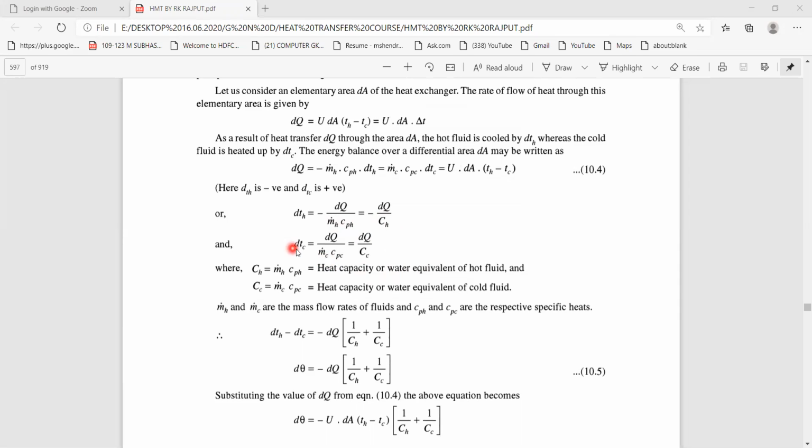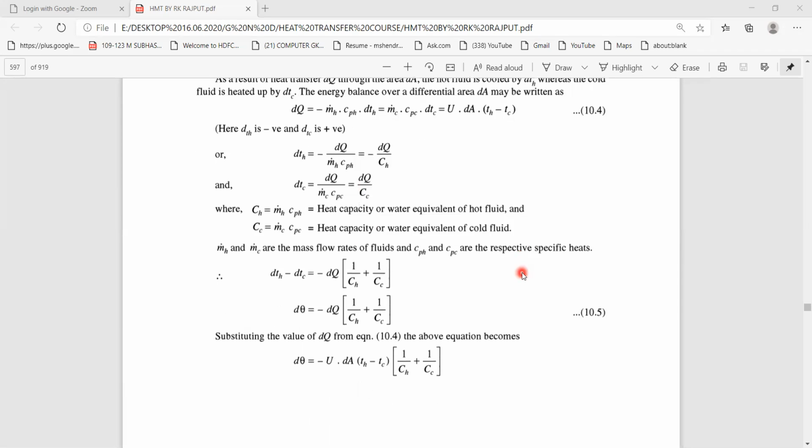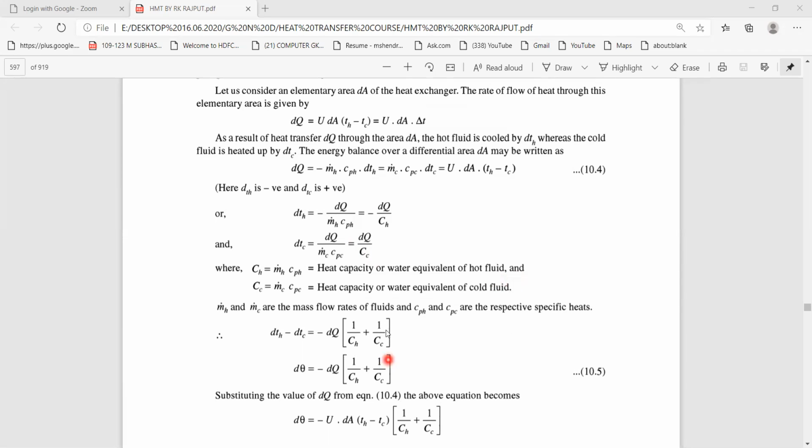Similarly, dTc equals dq divided by m dot c into cpc, that is dq divided by capital C suffix C, the heat capacity of the cold fluid. Okay, capital Ch is the heat capacity of the hot fluid, capital Cc is the heat capacity of the cold fluid. I hope this is clear.